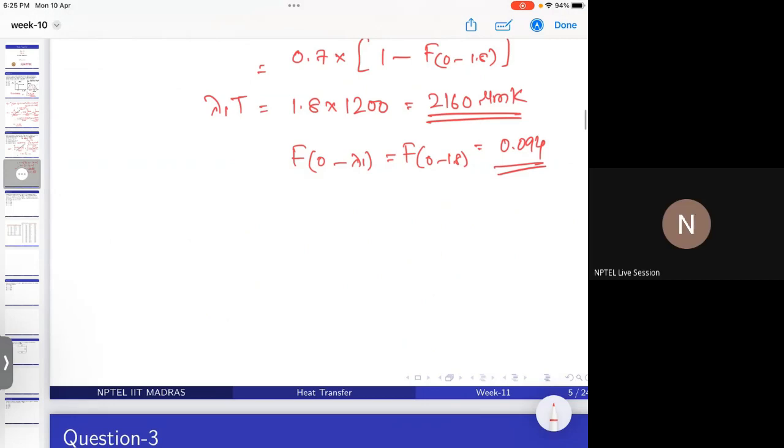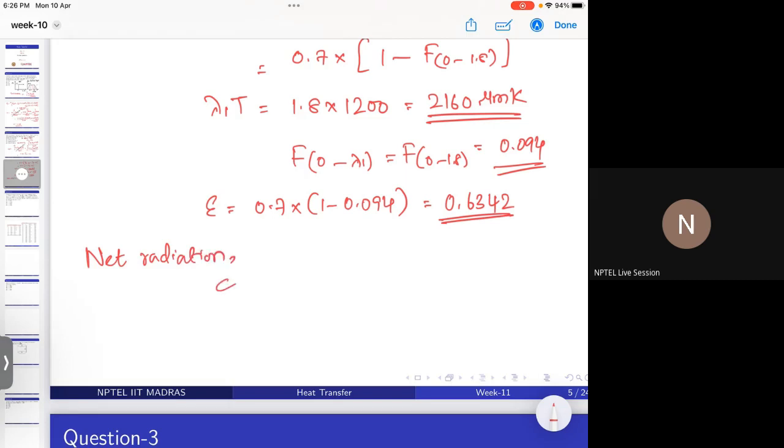So can you find what this answer is? 0.63. Yeah, 0.634. So the next part is we have to find out the net radiation.